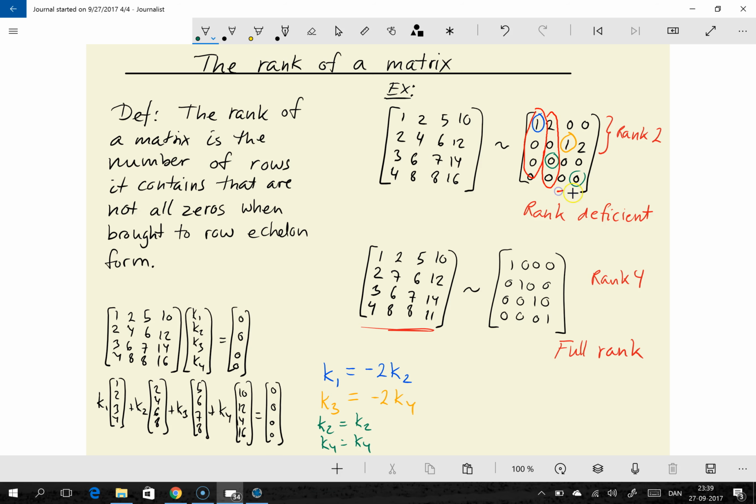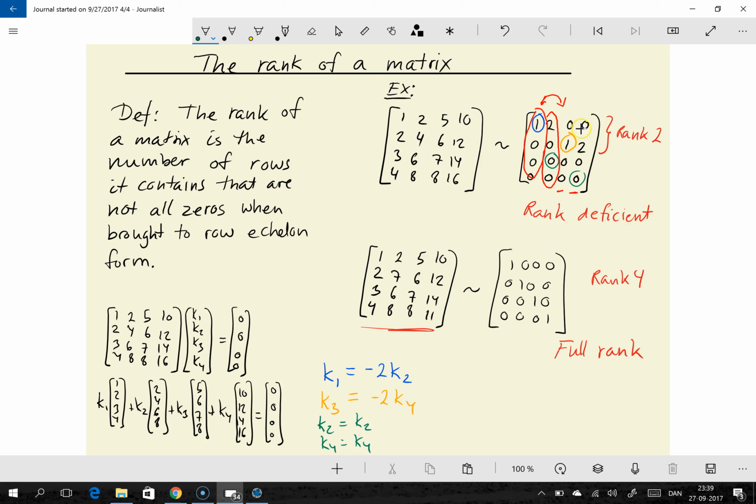And these two column vectors are also linearly dependent, whereas these two are independent of each other. So altogether we have two linearly independent vectors in this matrix.